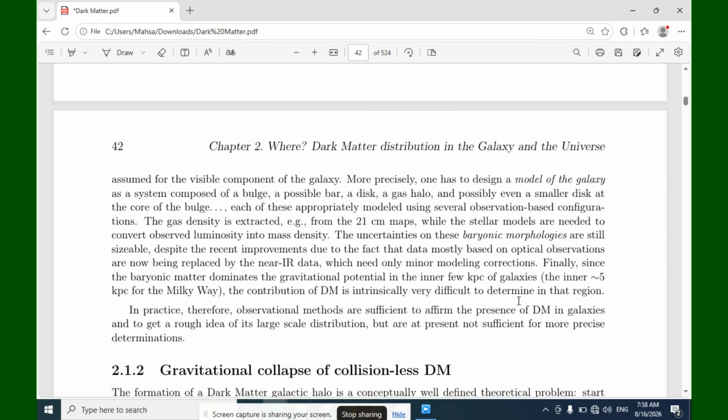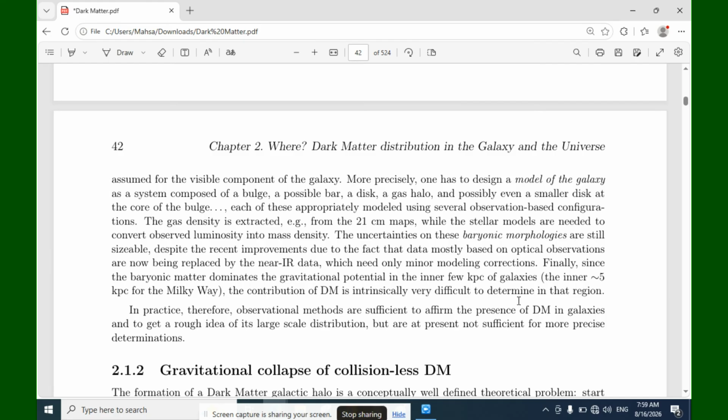The gas density is extracted, for example, from the 21 centimeter maps, for which stellar models are needed to convert observed luminosity into mass density. The uncertainties on these baryonic morphologies are still sizable, despite the recent improvements due to the fact that data mostly based on optical observations are now being replaced by near-infrared data, which need only minor modeling corrections.